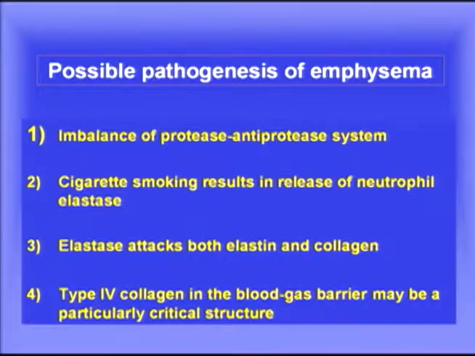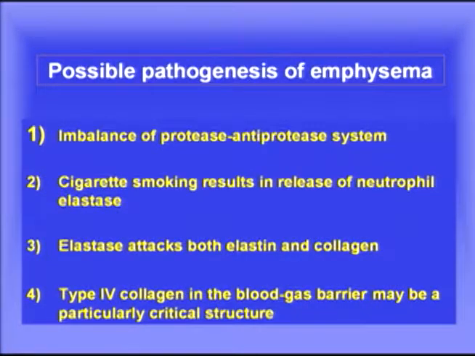And elastase is perhaps a misleading term because not only does it attack elastin, but it also cleaves collagen as well. So it's actually a collagenase as well as an elastase. And it seems likely that cigarette smoking, because it releases neutrophil elastase, may cause an imbalance between the protease and antiproteases in the lung.